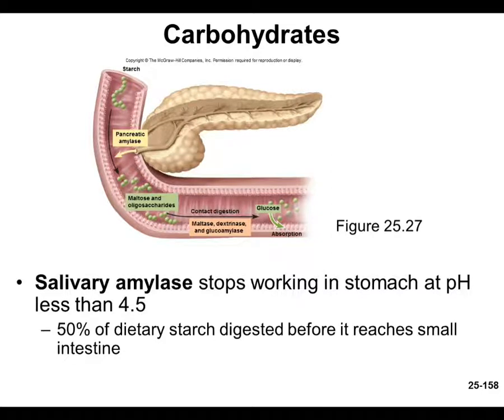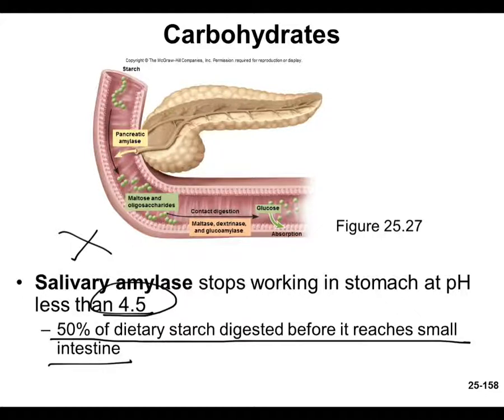Now, in addition, there is additional amylase released by the pancreas. So think about it. Amylase only works around neutral pH. When the salivary amylase reaches the stomach and we're down at a pH less than 4.5, the amylase no longer works. So only about half of your carbs are actually broken down when they reach the stomach.